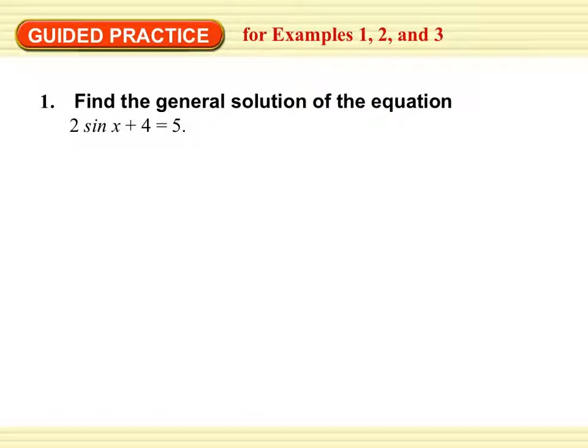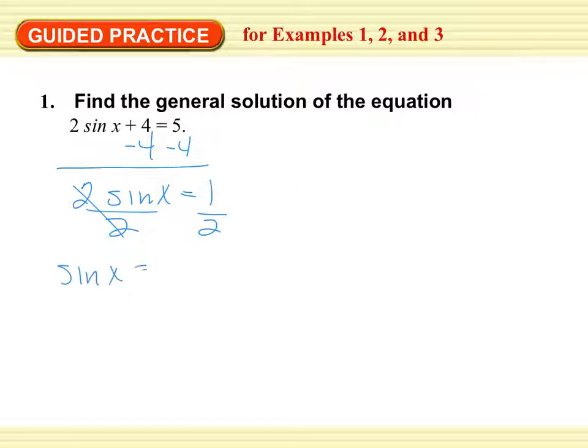All right, let's practice. Find the general solution for the equation given here. Subtract 4 from both sides. 2 sine x equals 1. Divide both sides by 2. Sine x equals 1/2. If I take the inverse sine of that, I get 30.